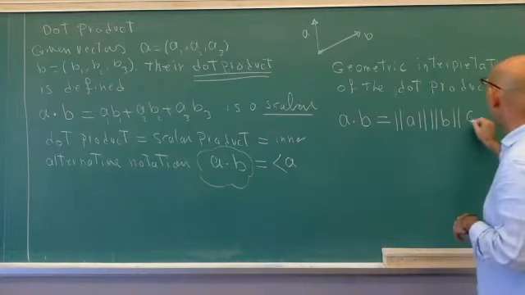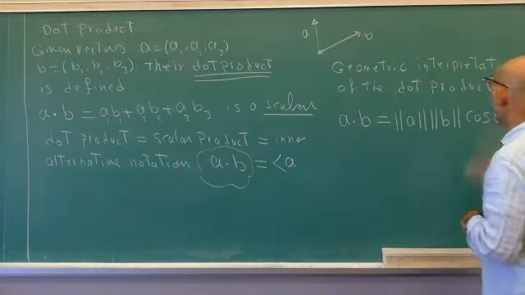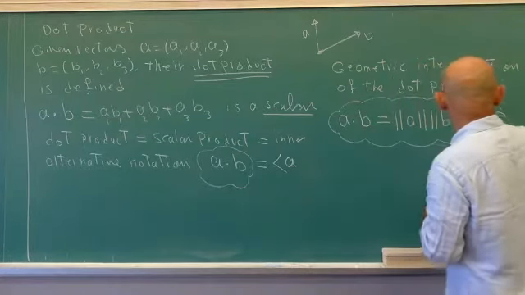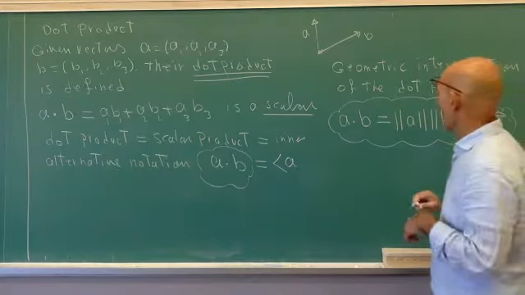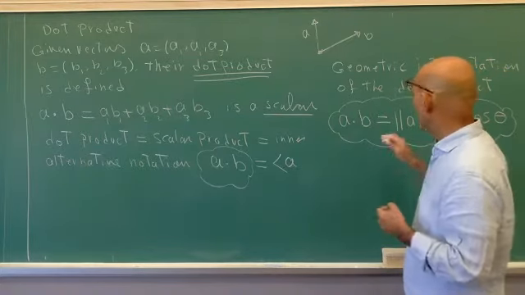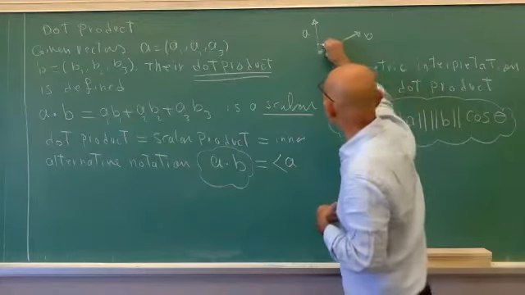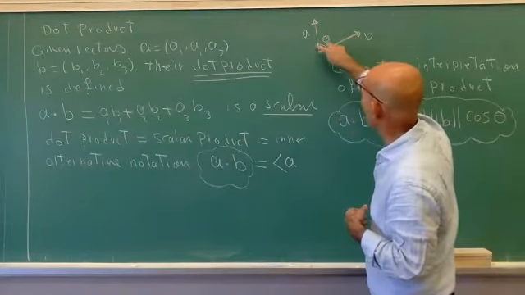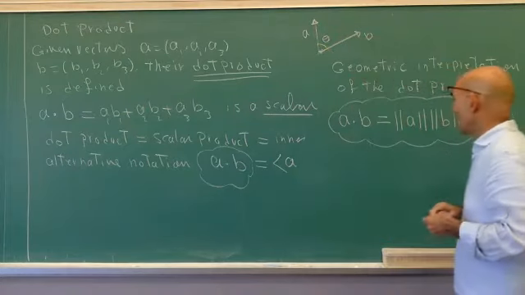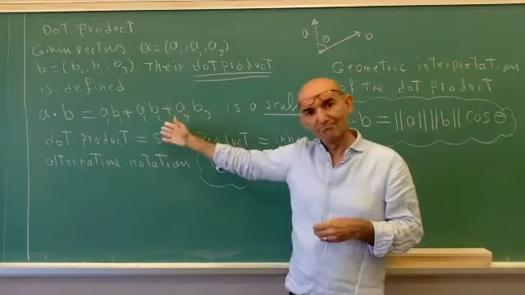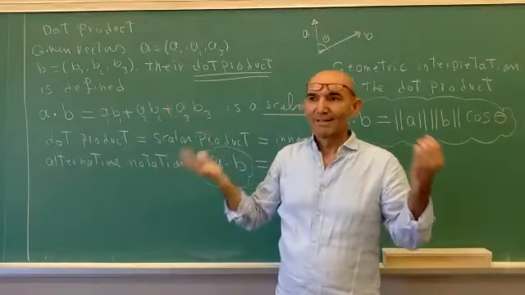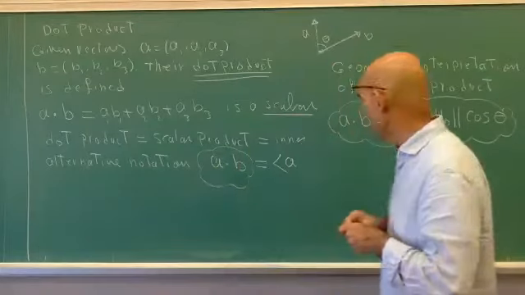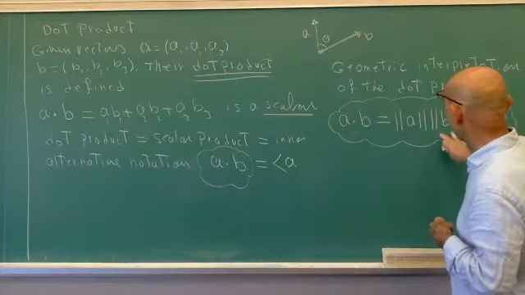So this is a fundamental relation that gives the relation between geometry, which is the length of this vector, the length of that vector, and the cosine of the angle, and pure algebra. We have two things, geometry and algebra, and they correspond to each other through this magic relation.